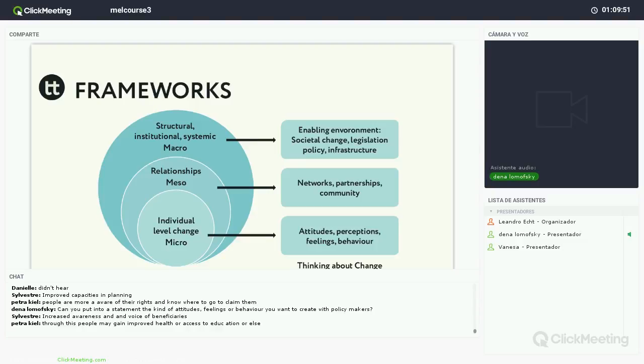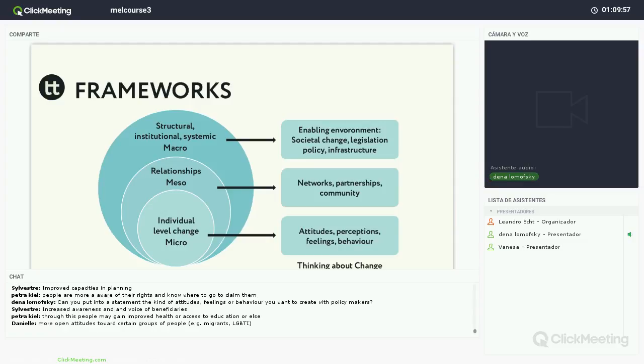So at a very high level, people may gain access to improved health or access to education. As Sylvester is saying, increased awareness and the voice of beneficiaries. Exactly, you may want policymakers to pay more attention to the voice of the people they're actually serving. More open attitudes towards certain groups of people, such as migrants or LGBTI.